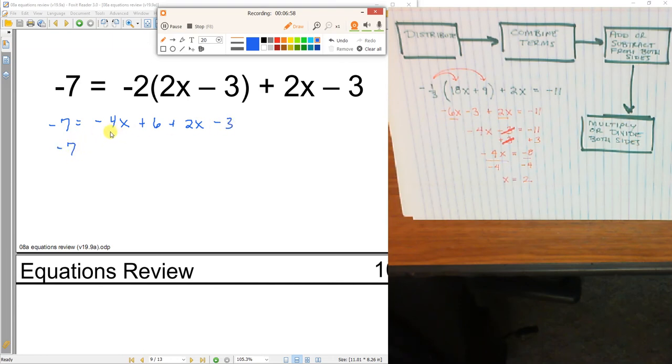Now combining terms, negative 4x and 2x is negative 2x. 6 and negative 3 is positive 3. So we've completed the distribution and the combining of terms. Subtracting 3 from both sides, negative 10 equals negative 2x. Dividing both sides by negative 2, x equals 5.